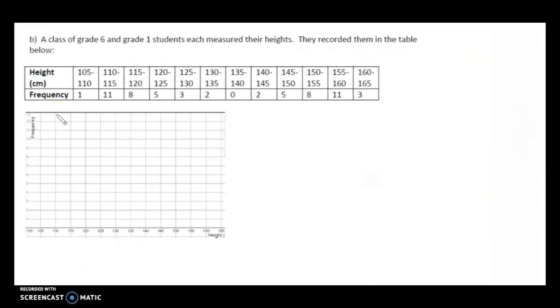B, a class of grade 6 and grade 1 students each measured their heights. They recorded them in the table below. So we have height and then we have frequency, right? So then this is X, this is Y. So for the height of 105 to 110, we get a frequency of 1. 110 to 115, we get a frequency of 11. 115 to 120, we get a frequency of 8.